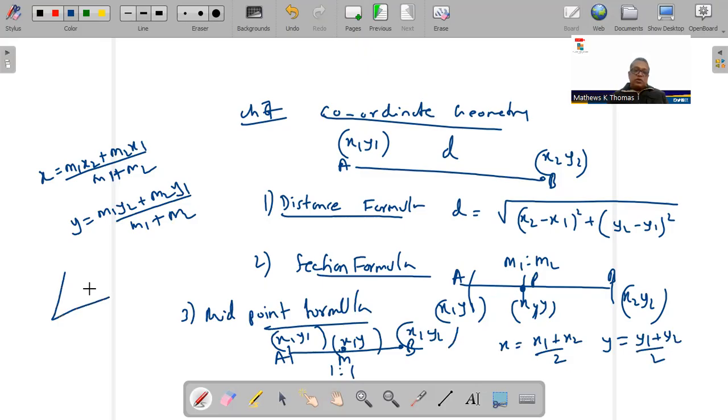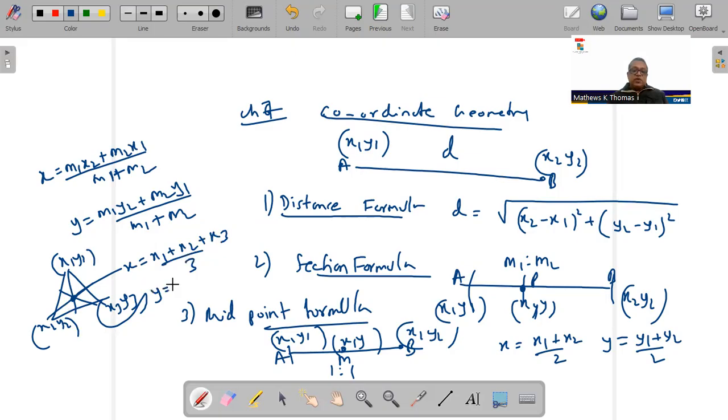And in case centroid is asked, though it was in the optional earlier, the same formula of midpoint can be used here in a different way. Centroid is the point of intersection of the medians. So x is x1 plus x2 plus x3 by 3 and y is y1 plus y2 plus y3 by 3.